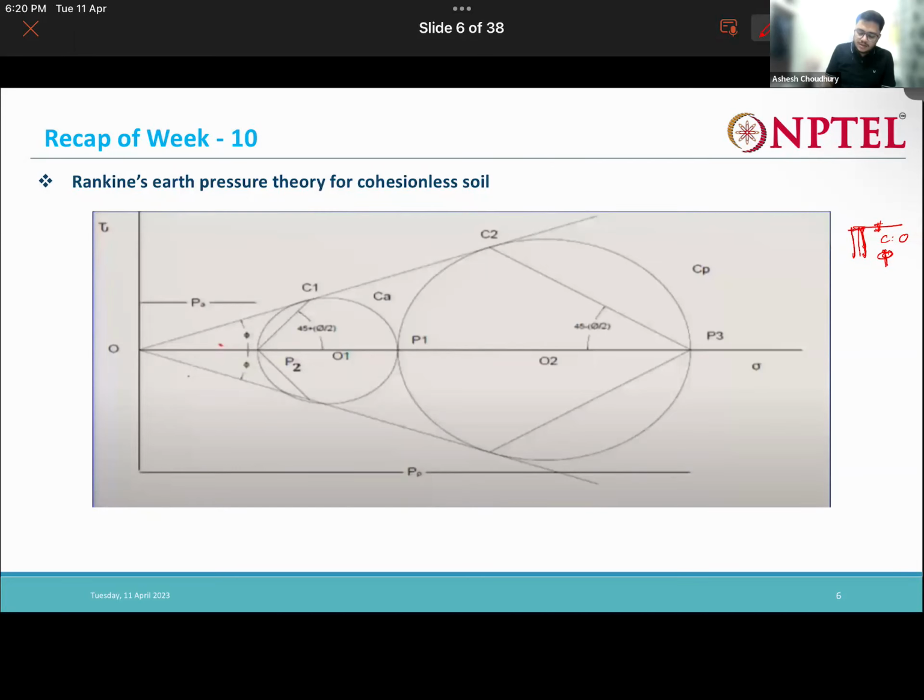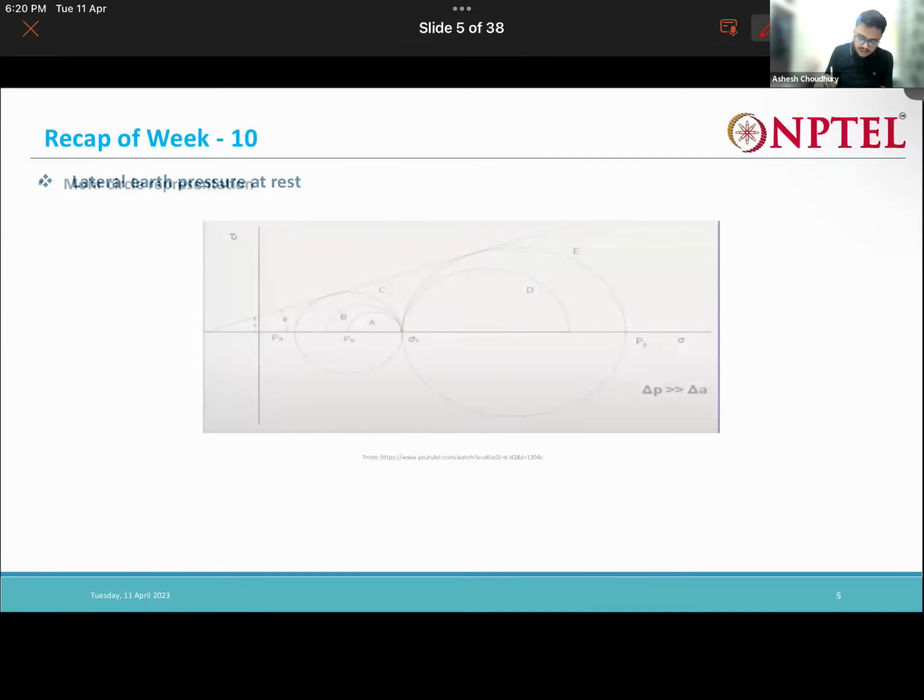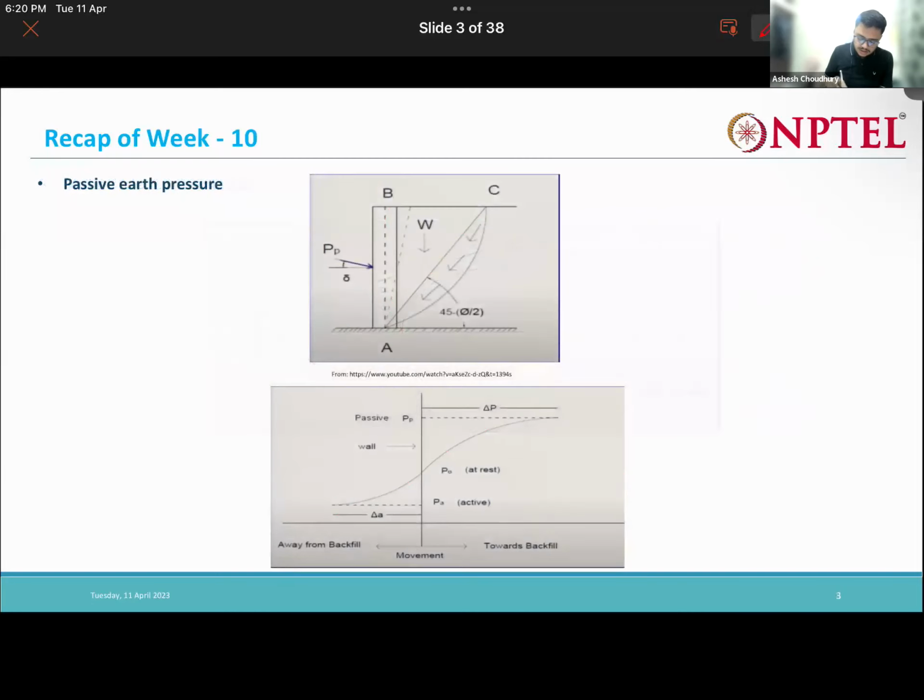And there was no friction, that is, my wall was smooth. There was no friction between the soil and the wall, so my delta was actually 0. This is what we discussed just two slides back.